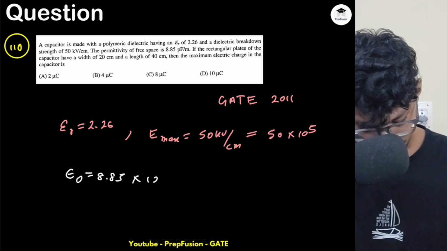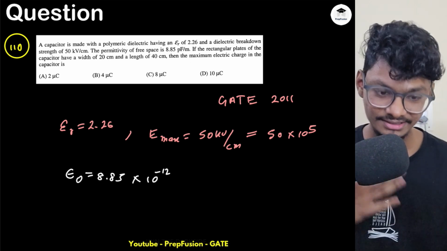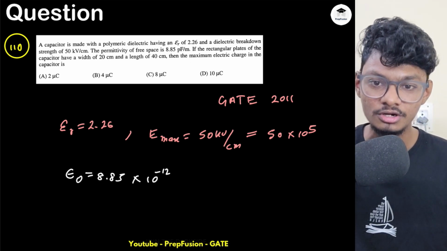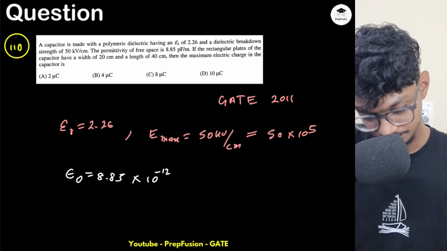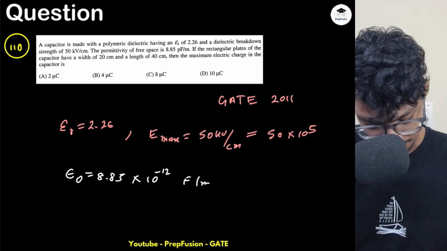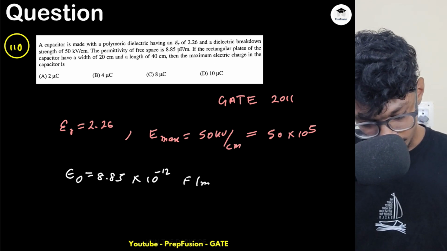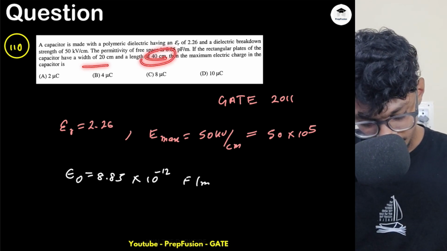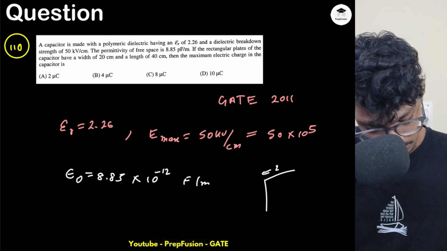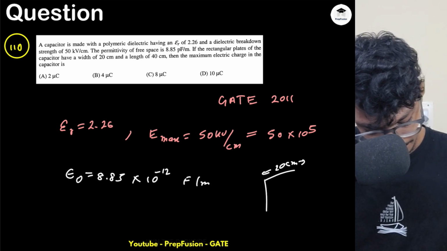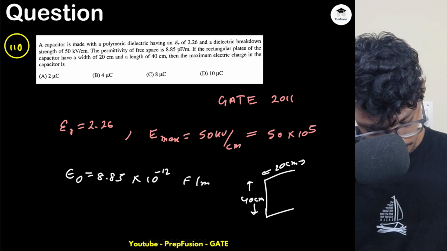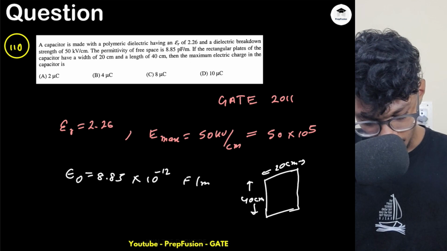So 10 raised to minus 12 farad per meter. They intentionally make the question bigger with information that you already know, to scare you, okay? If the rectangular plate has a width of 20 centimeter and length of 40 centimeter, what will be the area?